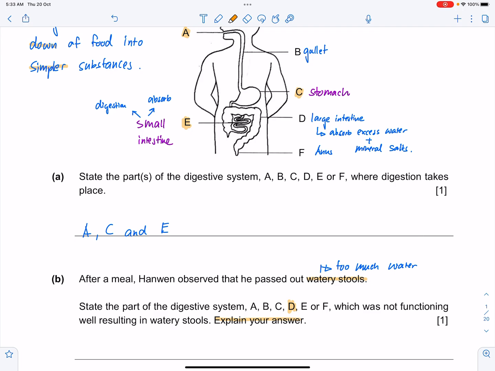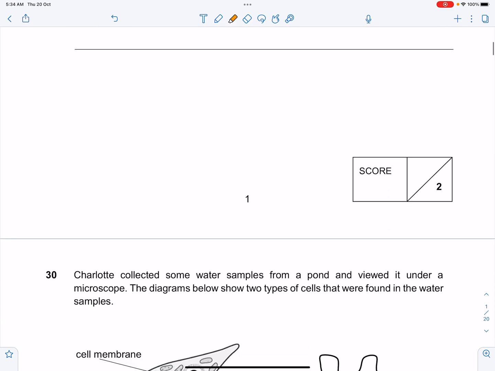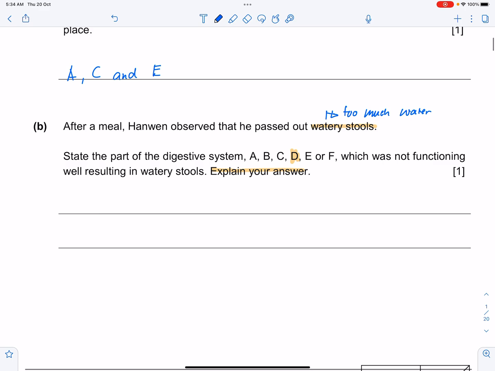Now that is not entirely correct because you don't know how not well is it functioning. You cannot say that it doesn't absorb water. You have to say it doesn't absorb enough water. So the key thing here is not just that it does not absorb water, but rather it does not absorb enough. Okay? So let's translate that into an answer.